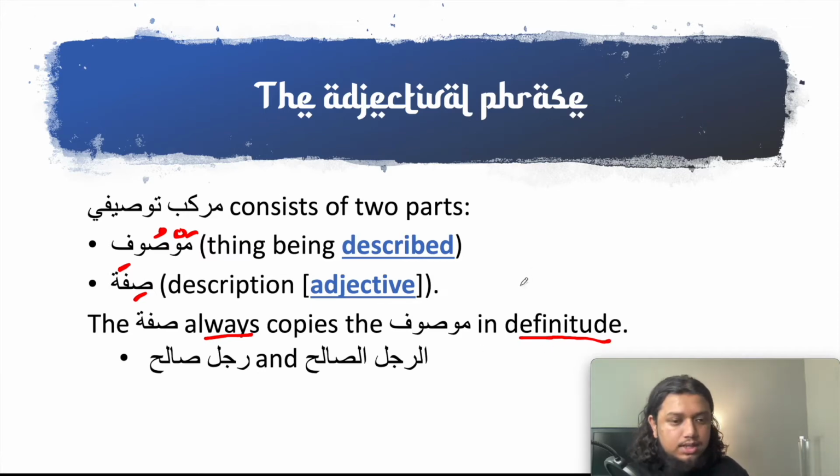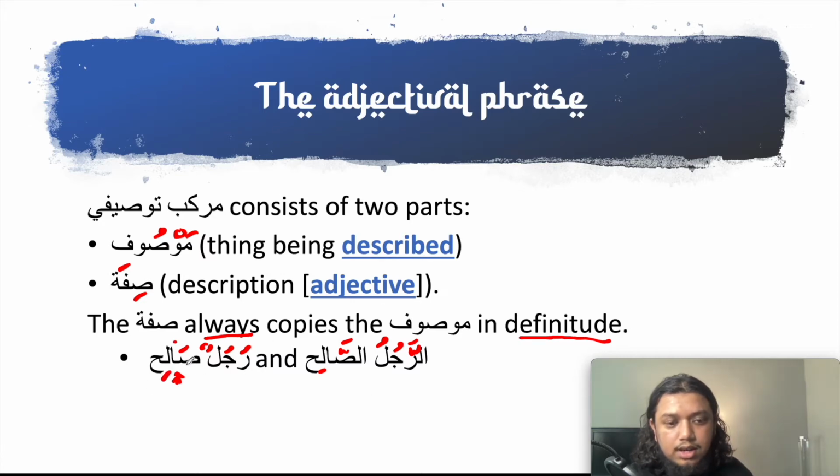So to understand the idea of the sifah always copying the mawsuf in definitude, we will use the following example. We have ar-rajulu as-salih and rajulun salihun.